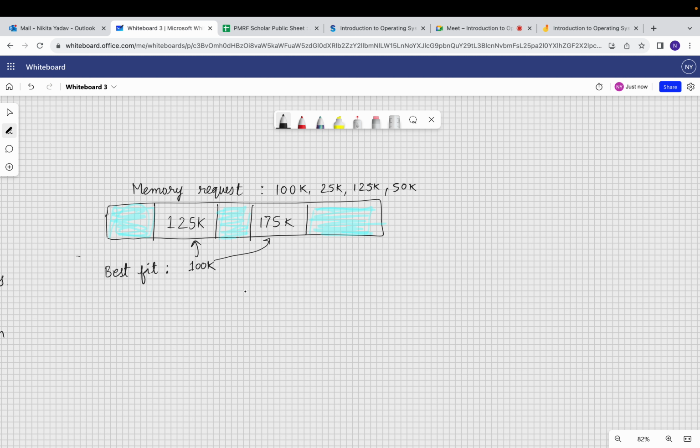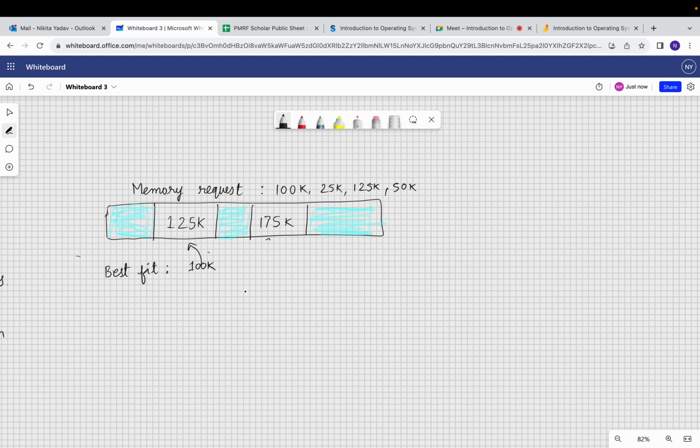We have to allocate the smallest region that can fit the requested chunk. So in best fit, you are going to store this 100 kilobyte request here.